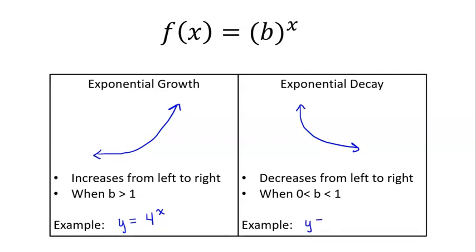So something like y equals 1/5 to the x. And so when we're thinking about 1/5 times 1/5 times 1/5 times 1/5, that denominator is going to get bigger, right? And so it's getting smaller and smaller and smaller, so that's why it's decreasing.